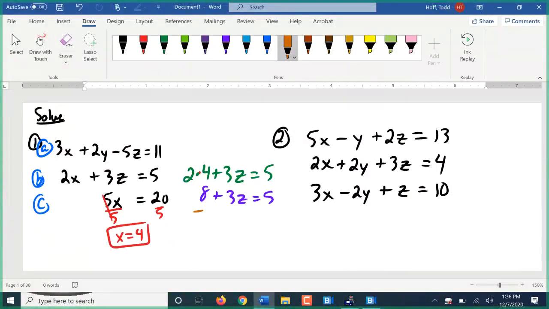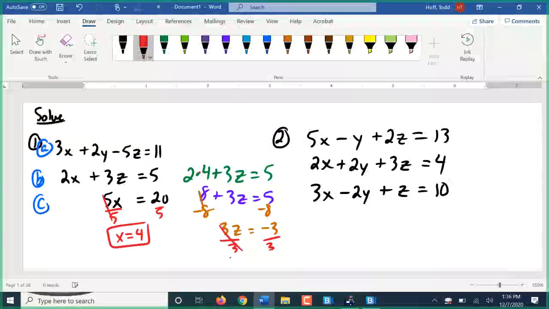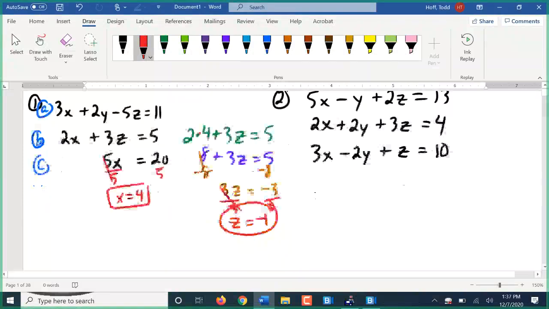And then we'll solve by subtracting 8. 3z equals negative 3, and we'll divide by 3. Z equals negative 1.